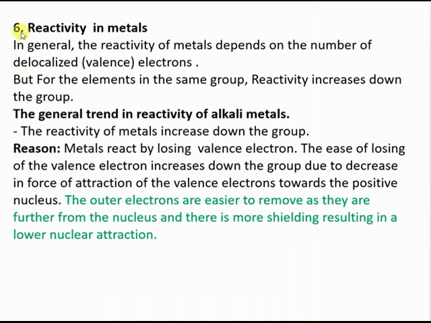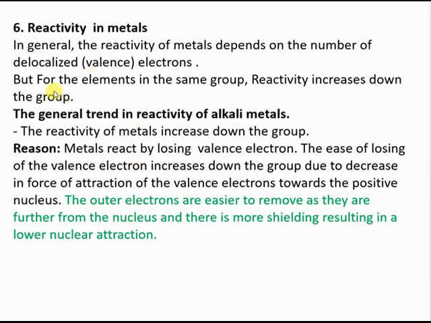Generally, the activity of metals depends on the number of delocalized electrons, that is the valence electrons. An element which has more delocalized electrons will require a lot of energy for that electron to be removed. So if we compare, for example, sodium and potassium, they are in the same group, so that is down the group.